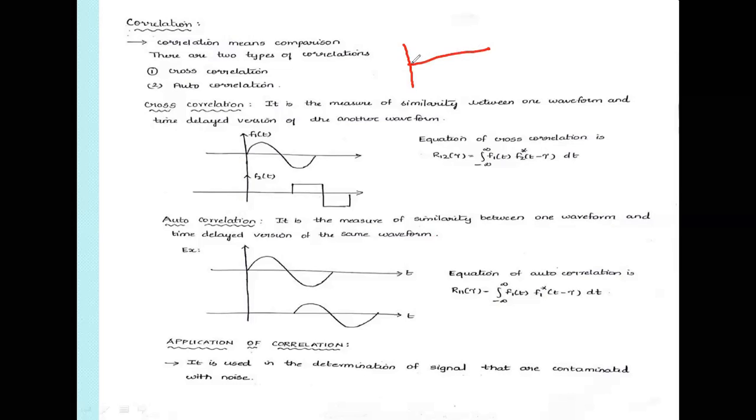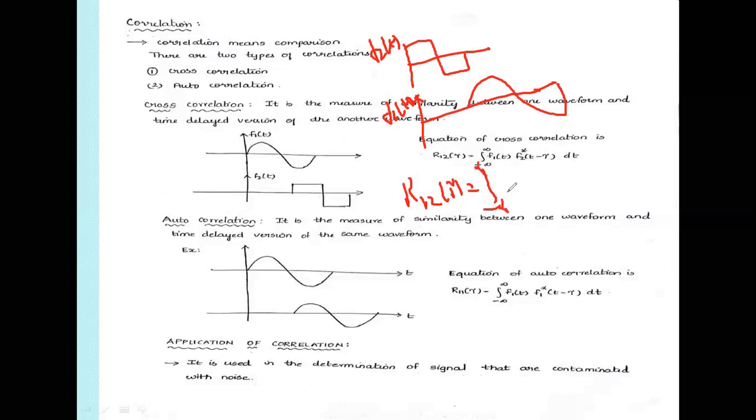Suppose I am taking the square as the normal function and the sinusoid as the delayed function, let this be f1 of t and this one be f2 of t. You can write this as R12 of tau is equal to the integral from minus infinity to infinity of f2 of t and the conjugate of f1 of t minus tau.